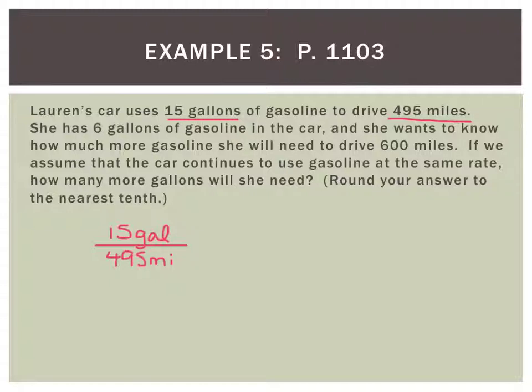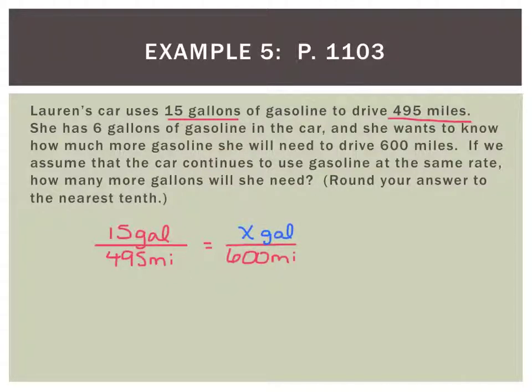She has 6 gallons in the car. She wants to know how much more gasoline she will need to drive 600 miles. In order to know that, I need to know how many total gallons it takes her to drive 600 miles. So 600 miles, and it takes X gallons.